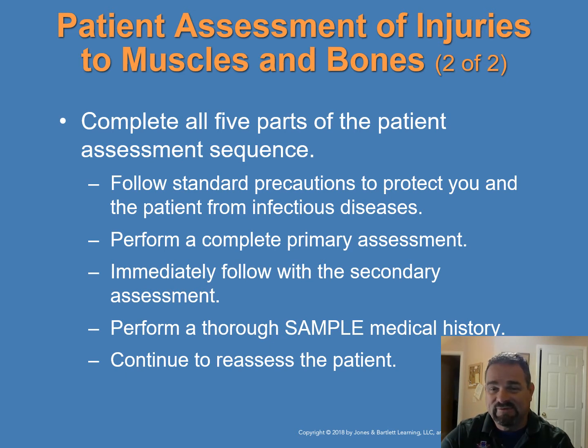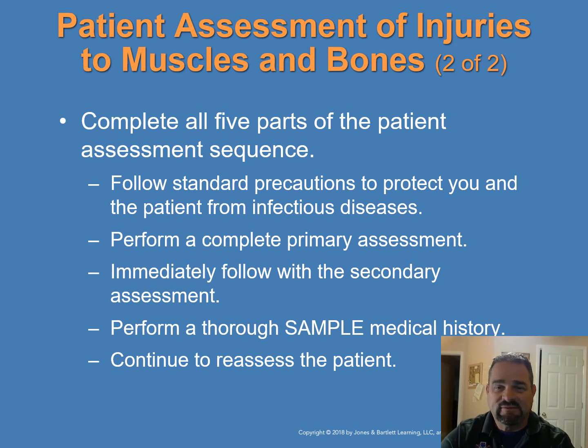Be especially careful about the following standard precautions to protect you and the patient from infectious diseases. Perform a complete primary survey to determine whether the patient has any life-threatening problems related to the airway, breathing, and circulation. It is often much more efficient and helpful to perform the primary assessment and then immediately follow with a secondary assessment, holding off on obtaining the patient's medical history.